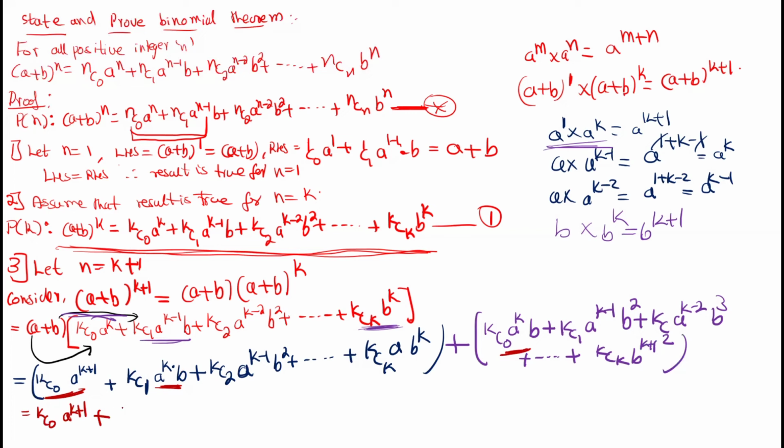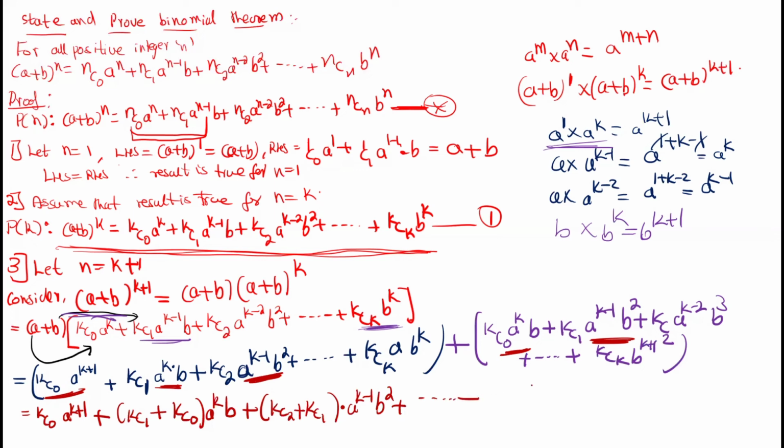So I can write it as, see, here I'll get kC1 plus here I can get kC0, kC1 plus kC0 into a power k into b remaining, plus kC2 plus kC1 into a power k minus 1 into b square, plus, then no need to write other terms, go to the last term. Last term also remains the same, no change, that is kCk into b power k plus 1.